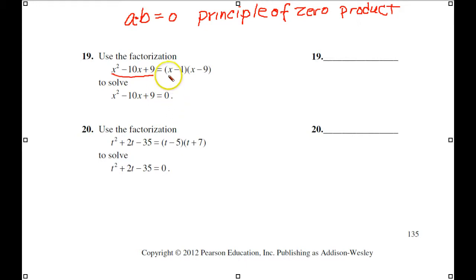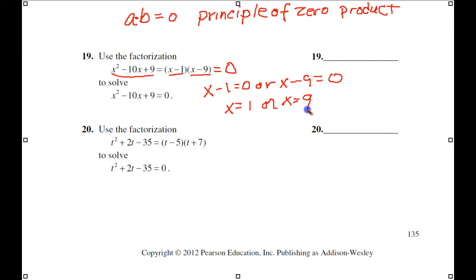And we know then that this, if we equal it to 0, this is a factor, this is a factor, and if we take each of these factors and set it up as we did previously, we can then solve it for x and say x is 1 or x is 9.